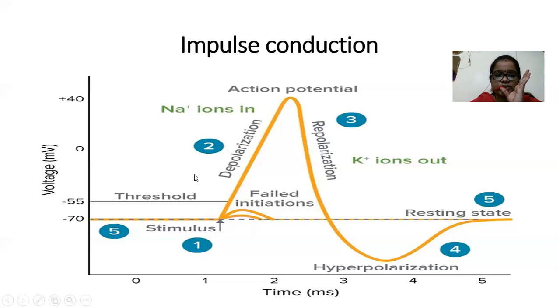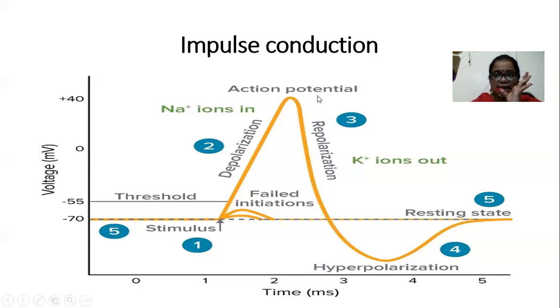Then sodium channels are activated and depolarization happens, with a high influx of sodium ions into the neuron because of more and more opening of sodium channels. As a result of depolarization we get the action potential. This is the peak.